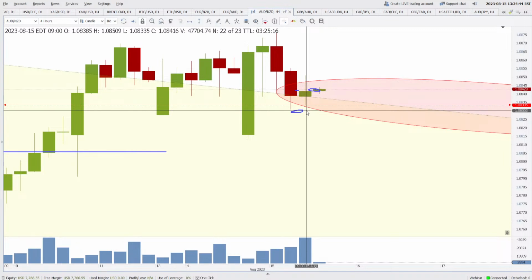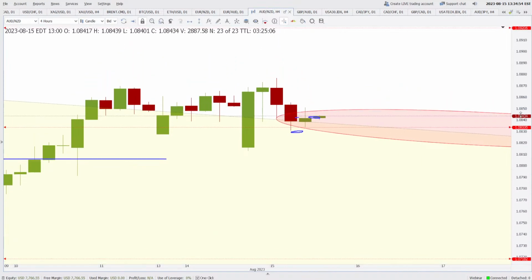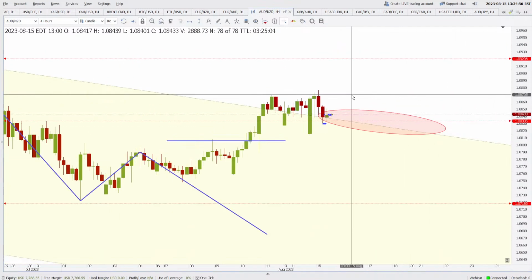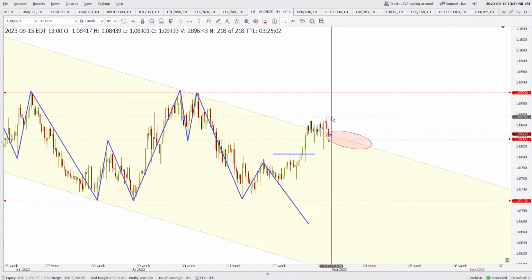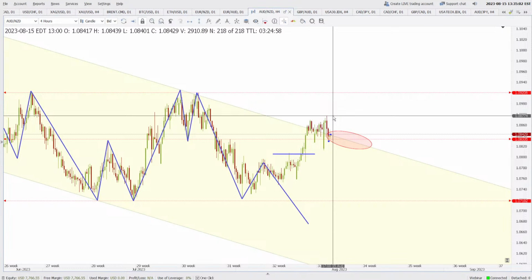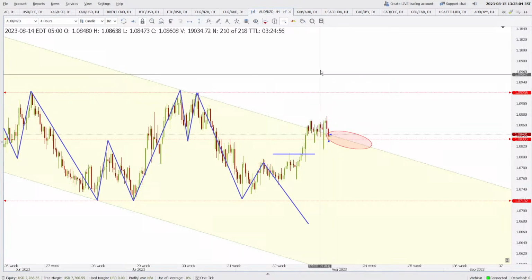So only 12 points of stop loss. If you don't want 1.0830, that may be too close for you. So 1.0825 is okay, and the take profit target will be 1.0920. You can also book your profits here, some 877 if you want, but I will be looking for 1.0920.